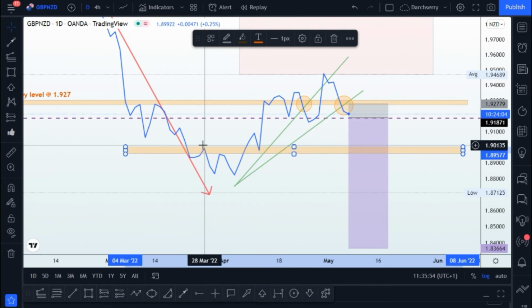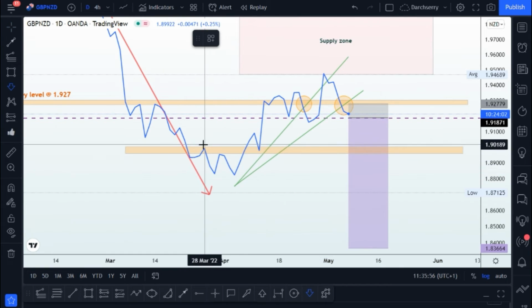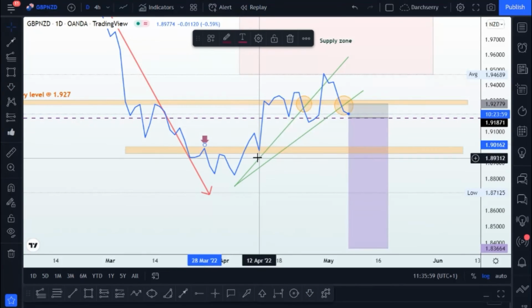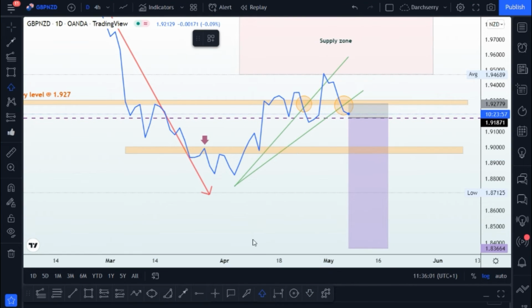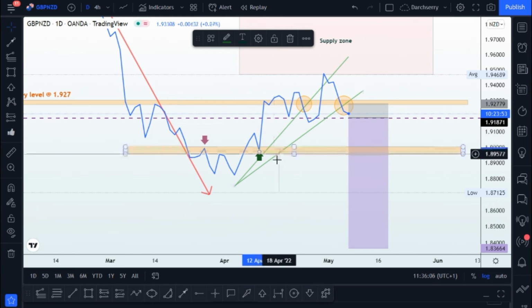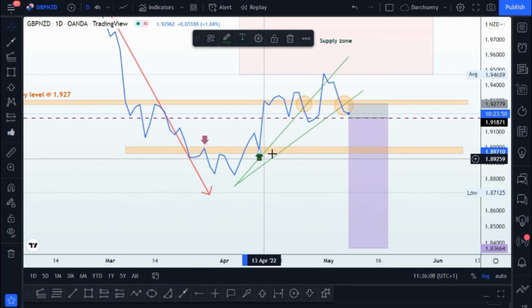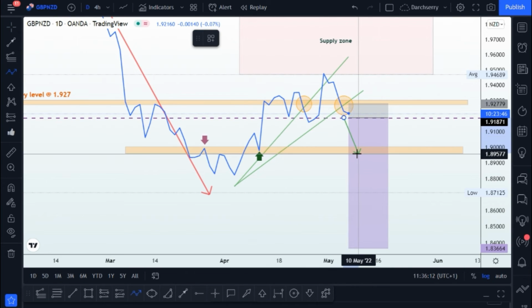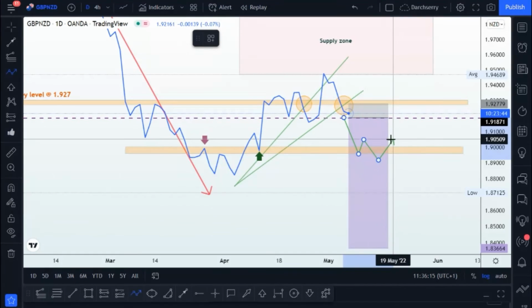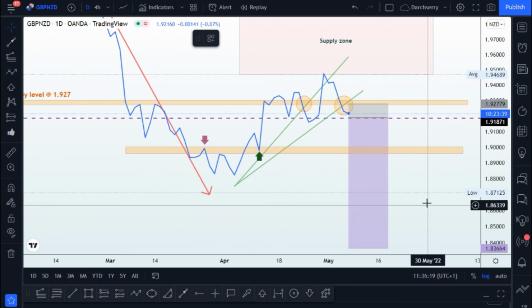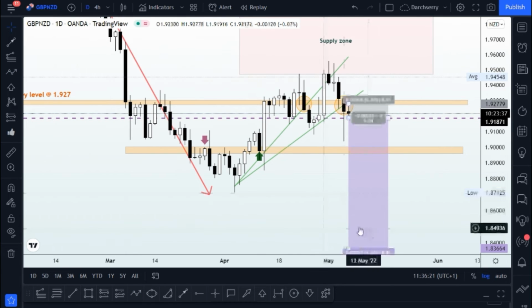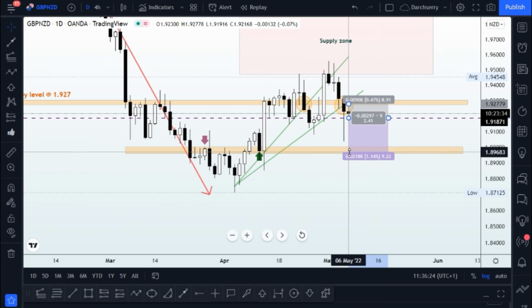We have a resistance level here and we have a support level here, which is enough for us to think there is a possibility that if price comes back to this level, it could probably send price going to the upside, or we see a setup that supports a trend continuation to the downside.